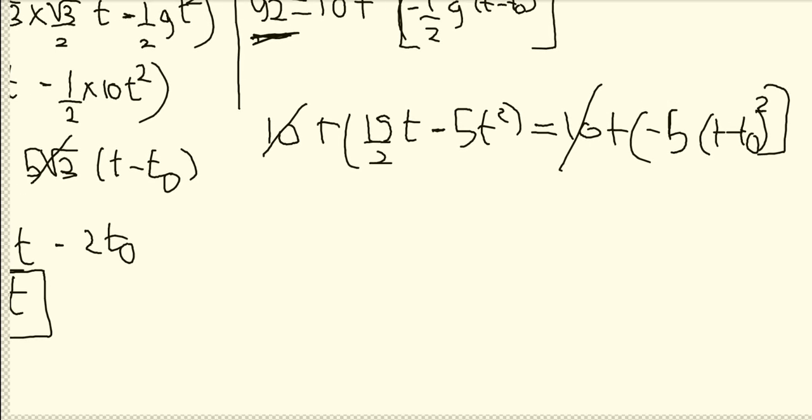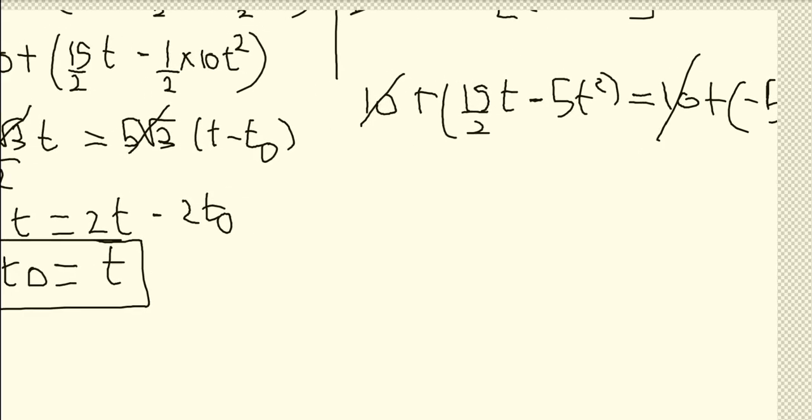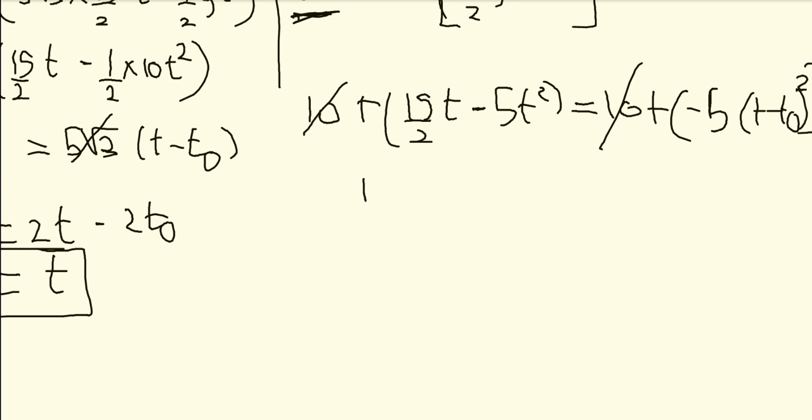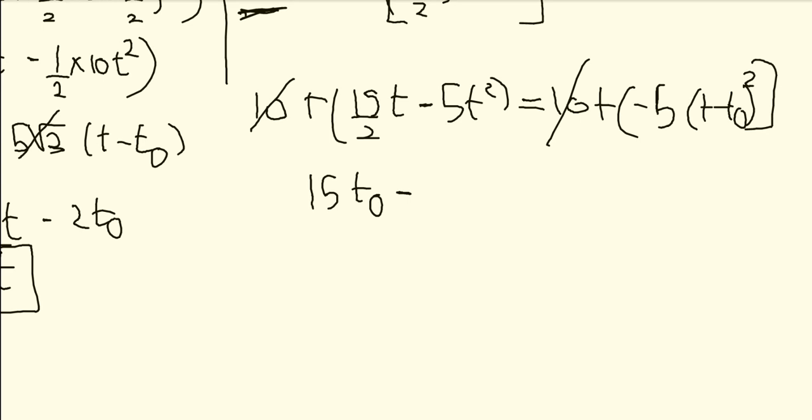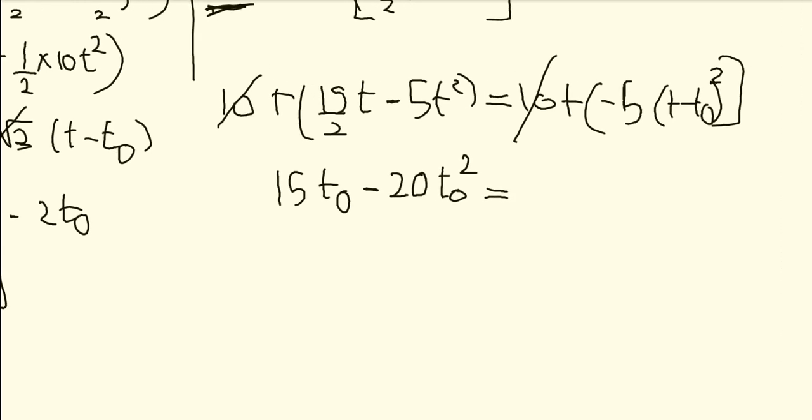Instead of t I will substitute 2t naught, so it will be equal to 15 t naught minus 20 t naught square, which will be equal to minus 5 into (t minus t naught), so it will be 2t naught minus t naught, which is simply equal to 5 t naught square.